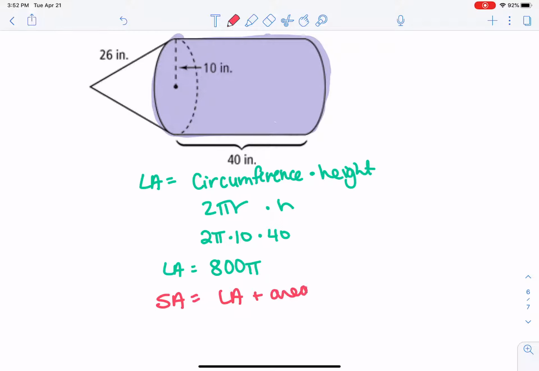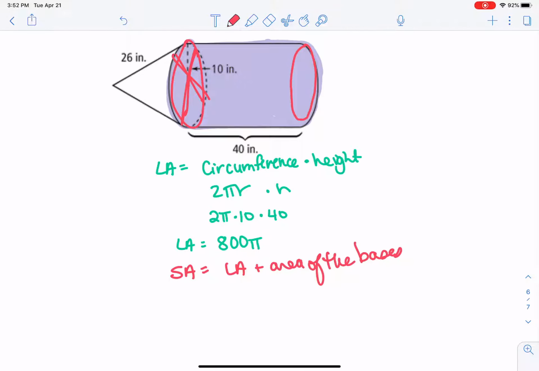Now for the surface area of that purple cylinder, normally plus area of the bases. Usually I would add both bases, this one down here and this one up here. But this one I'm not going to add because the cone is covering it. It is sitting on top of it, so it will not actually need to be painted or covered with wrapping paper or covered with material.